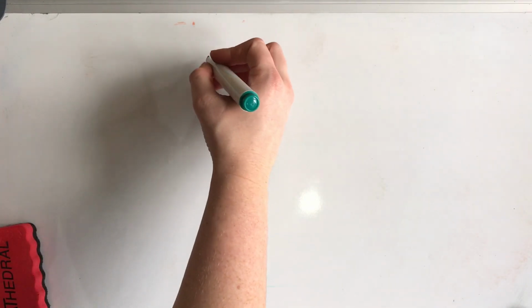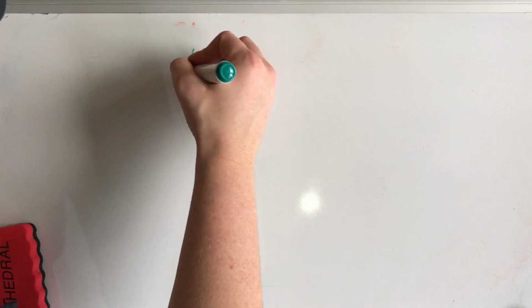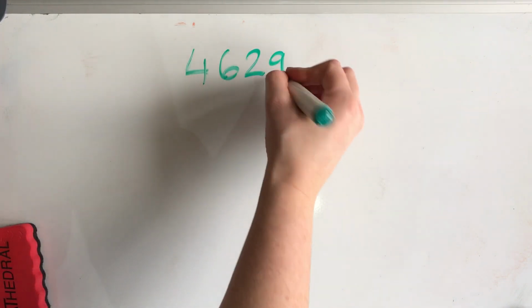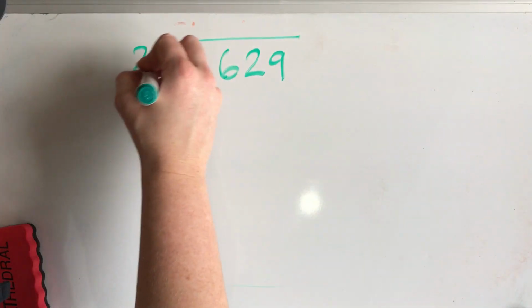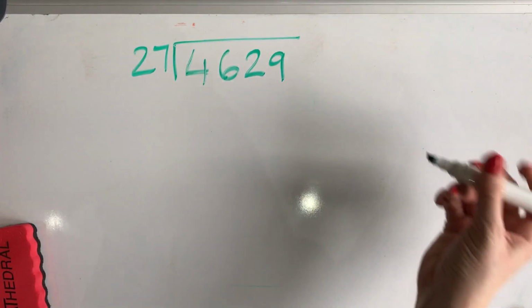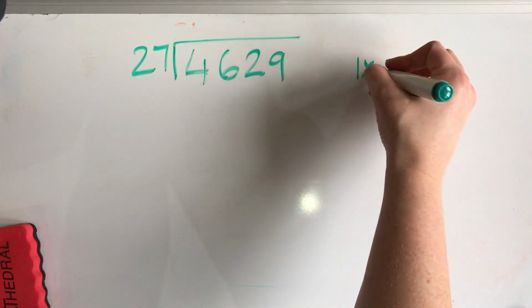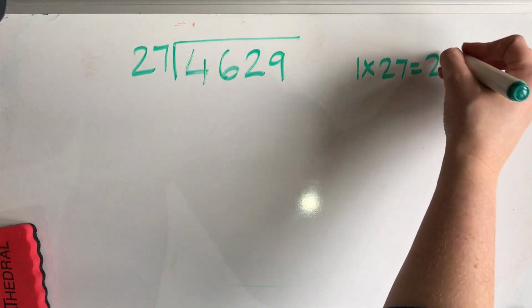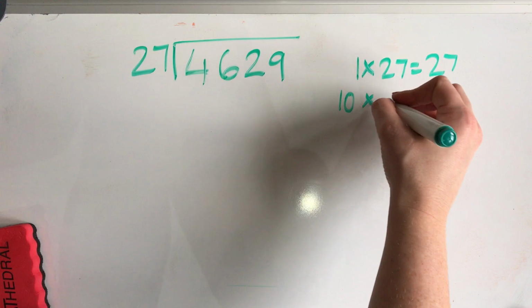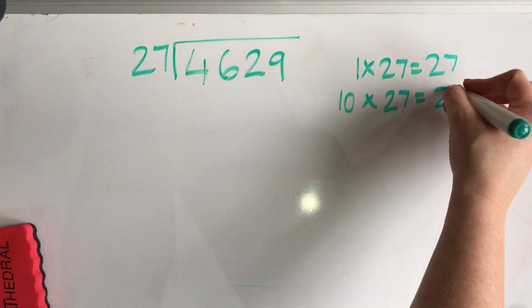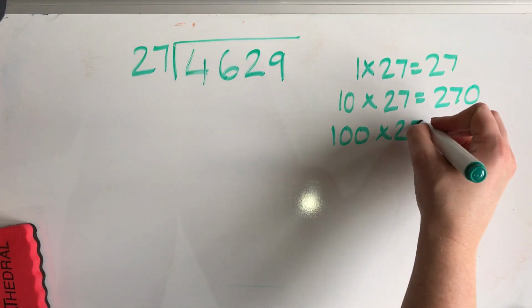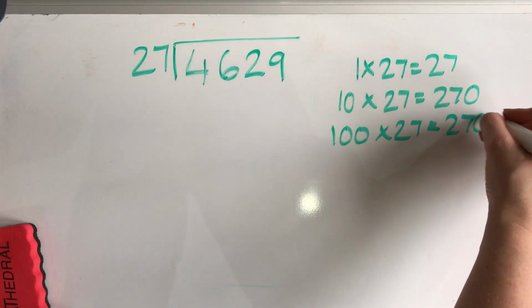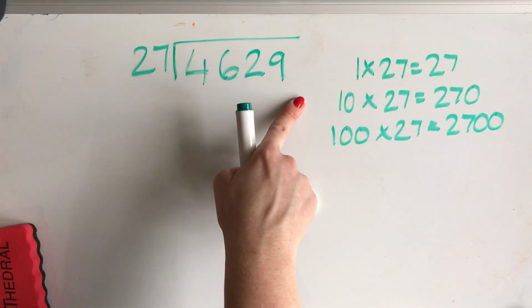So let's do 4,629 divided by 27. So I'm going to do 1 times 27 is 27. 10, because again I can do that very quickly off the top of my head. 100. 1,000 would be too much.